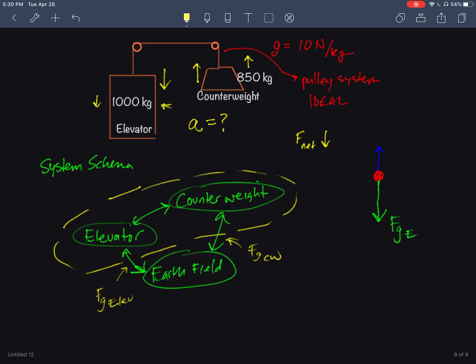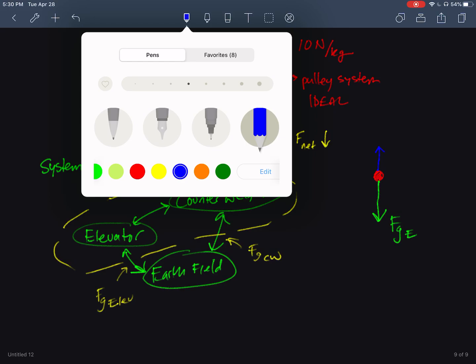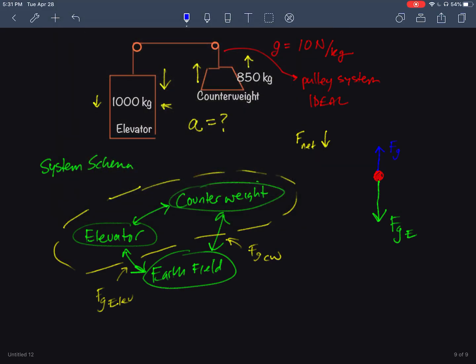And this is the weight of the counterweight acting in the opposite direction of the other weight. And yes, we know that the weight isn't going upwards anywhere. The weight is pulling down on the counterweight, and because of the ropes, we're getting this pull up on the elevator. So from the point of view of the elevator, we're seeing an upward pull by the weight of the counterweight and a downward pull by the weight of the elevator. It's that simple, really.